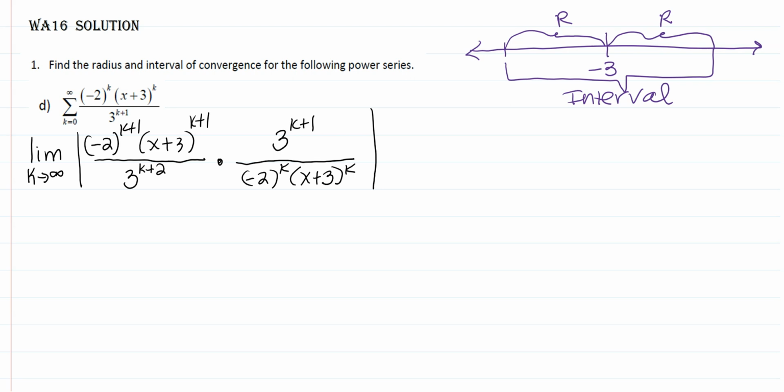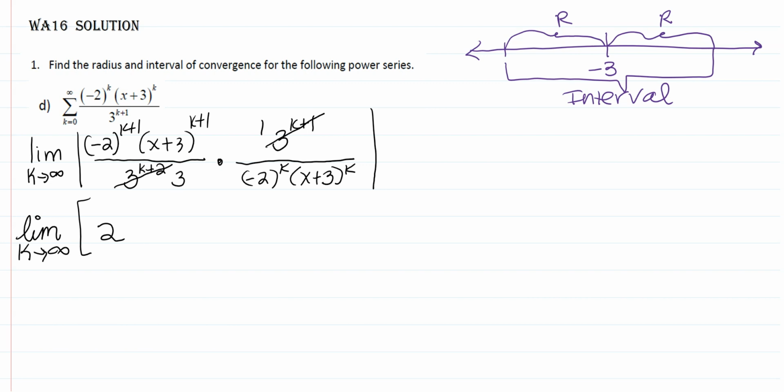All right, so let's deal with the -2 first. -2 to the k plus 1 divided by -2 to the k would be -2. And then the absolute value of -2 is going to give me 2. Okay, so far I have 2. Then the 3 to the k plus first power on top, 3 to the k plus 2 on the bottom.